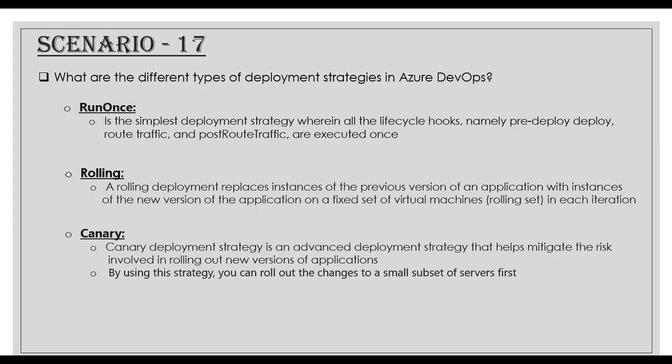If you want to take that approach, then canary is the best one, wherein it will deploy changes on the first subset, then you can go and test it. If it's all looking good, then you can eventually move on to the next set of servers. That is canary for you guys. So these are the 3 deployment strategies we have in Azure DevOps. To be very precise: run once, rolling, canary.